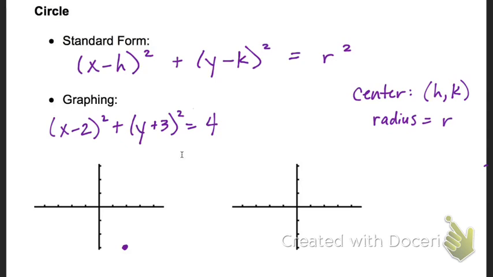And then my radius would be 2. You're going to square root it. So r equals 2, and the center is at (2, negative 3). So I'm going to go out 2 in every direction, and then connect the dots. You just go out 2, up, right, left, down from the center.